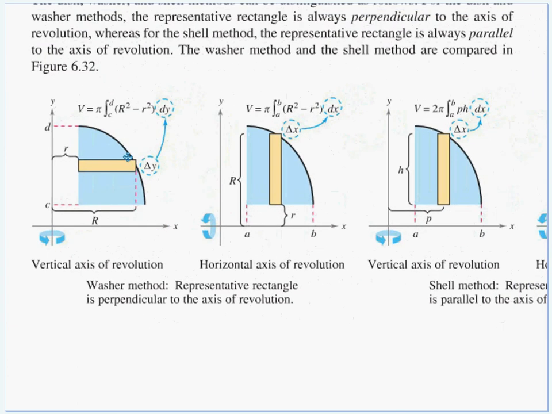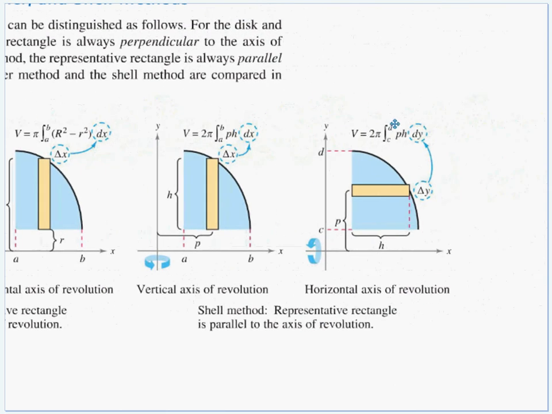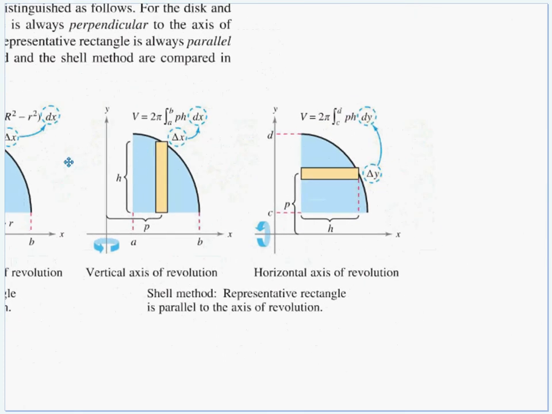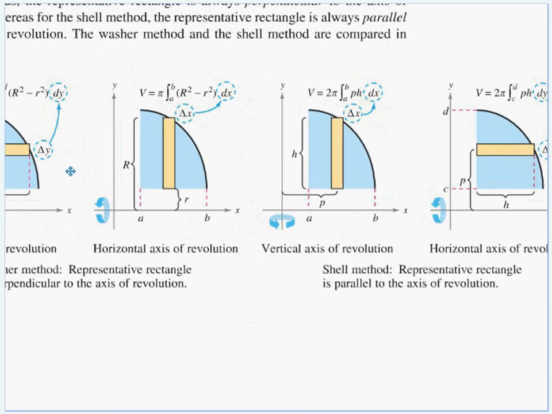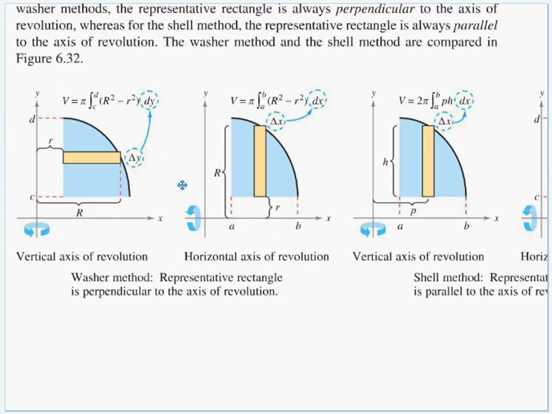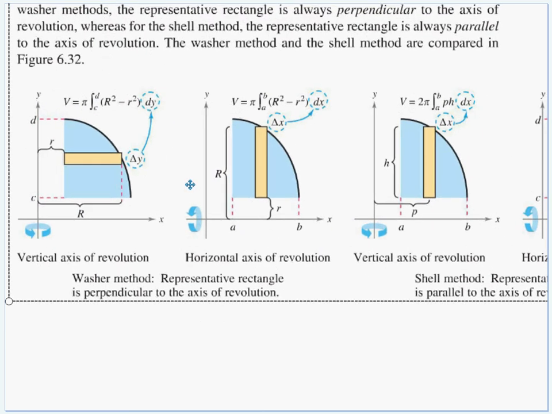And then for the disk and washer method, we're dealing with different radii. Here we have outer radius squared minus inner radius squared. But remember, for our new shell method, it's just p of x, h of x dx, or p of y, h of y dy. And again, remember, you are always perpendicular to the axis of integration.